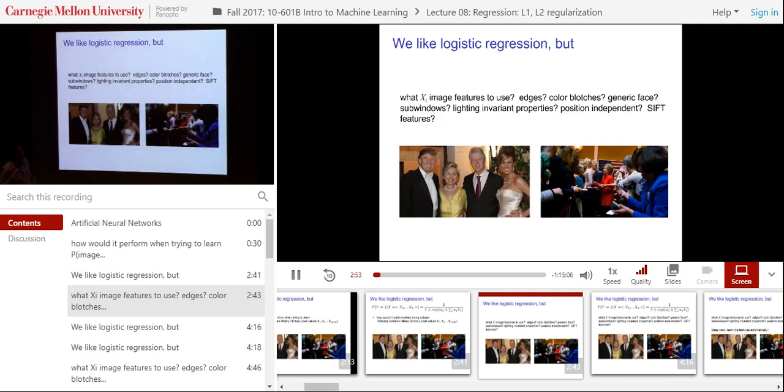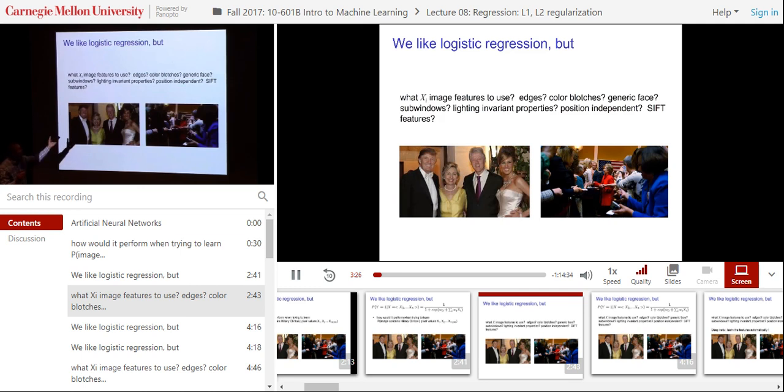Maybe we should have some low-level feature extractors that we write, for example, edge detectors, or color blotches, something that looks at regions of similar color and carves those out and builds some x sub i's that correspond to where is this blotch of color and how big is it, what are the red, green, blue values of it, and so forth.